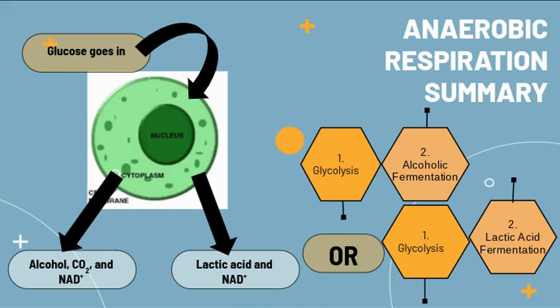The first type is alcoholic fermentation, which is carried out by yeast, and it produces ethyl alcohol and carbon dioxide. The second type is lactic acid fermentation, which is a process where a chemical reaction converts pyruvic acid to lactic acid. It's important to note that lactic acid fermentation does not give off carbon dioxide, unlike alcoholic fermentation.